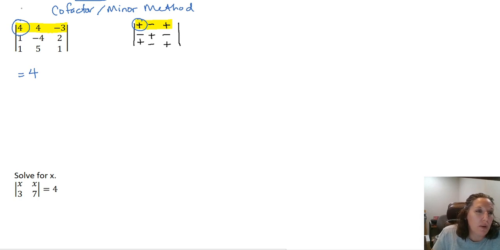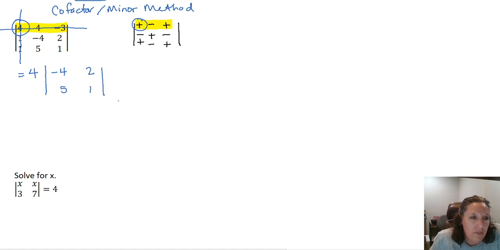If we cover up the row and the column that contain that number, what's left is what we call the minor of that number. So that's going to be negative 4, 2, 5, 1. And then we're going to just repeat the process with each of those three.